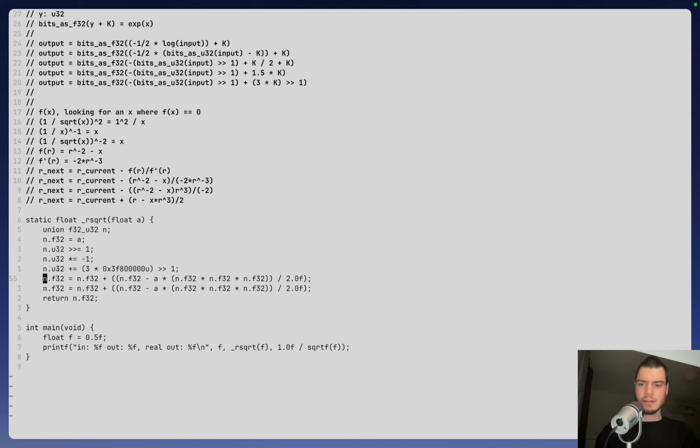Now, let's try again to optimize this a bit further, because we still have a division by 2. We could swap this out for a multiplication by 0.5, but I think there's room for more optimization.